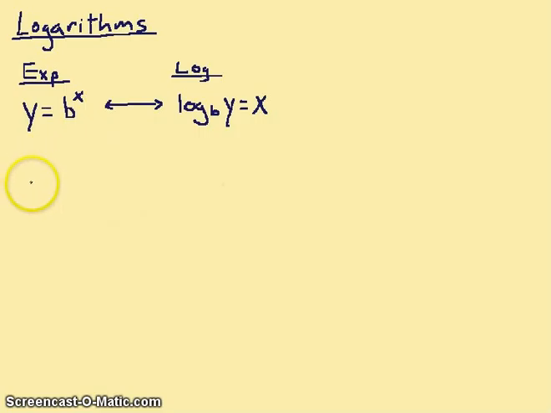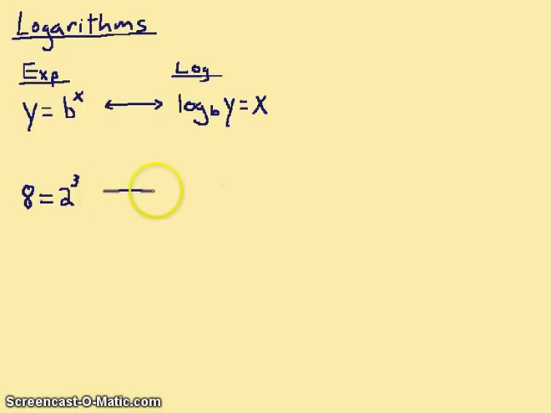So if I have, let's say, one that we already know, so let's say 8 equals 2 to the third. So that's a true statement that I know. It's an exponential form. I got 2 to the third, and I know that equals 8. Well, what I'd like to do is rewrite this in a log form where I can get this exponent 3 out of the exponent.